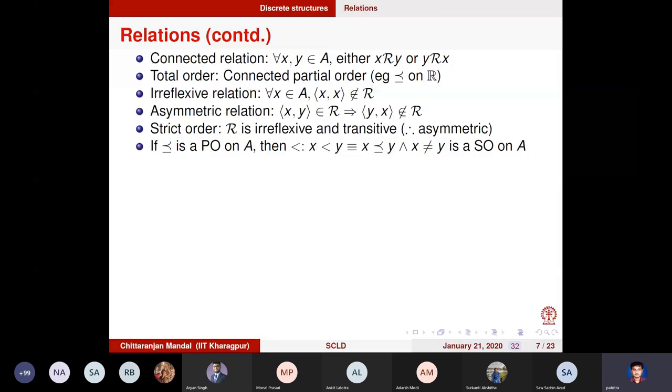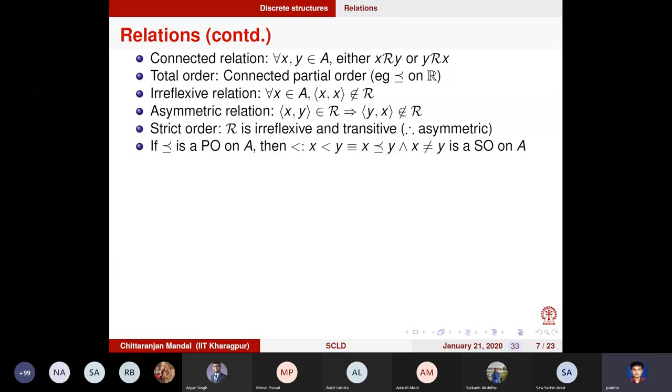So if this less than or equal to is a partial order and this less than is defined using it, then this less than forms a strict order on A. So you can convert a partial order into a strict order by just adding the not equal to condition to the partial order condition, which is X less than or equal to Y.